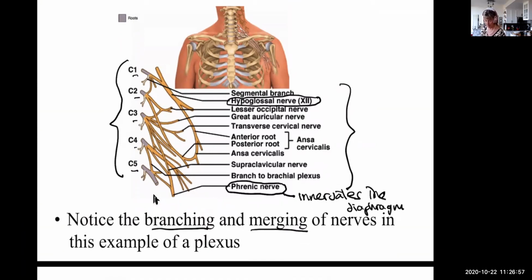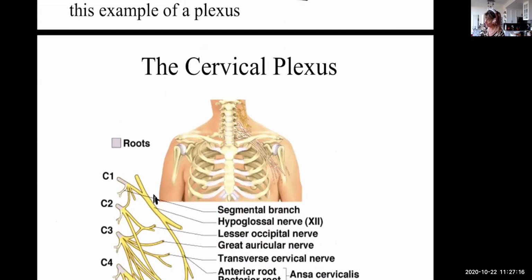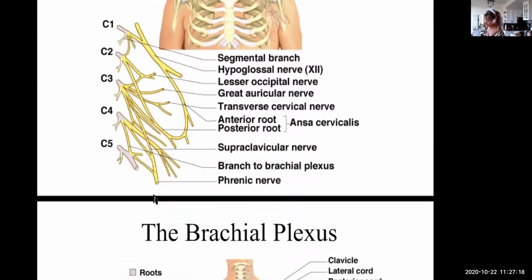The transverse cervical nerve innervates the skin of the neck. So those are some examples of nerves in the cervical plexus.